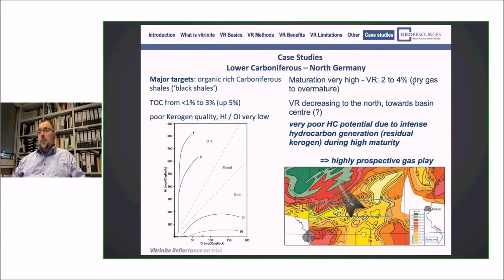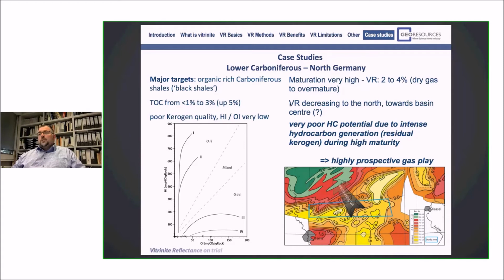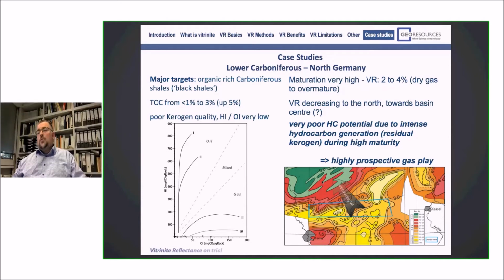So this means maturation is in the dry gas, upper dry gas to over mature interval. And the vitrinite reflectance decreases to the north towards the basin center. That's something we see here, which is somehow strange because normally maturation increases towards basin centers and not decreases.